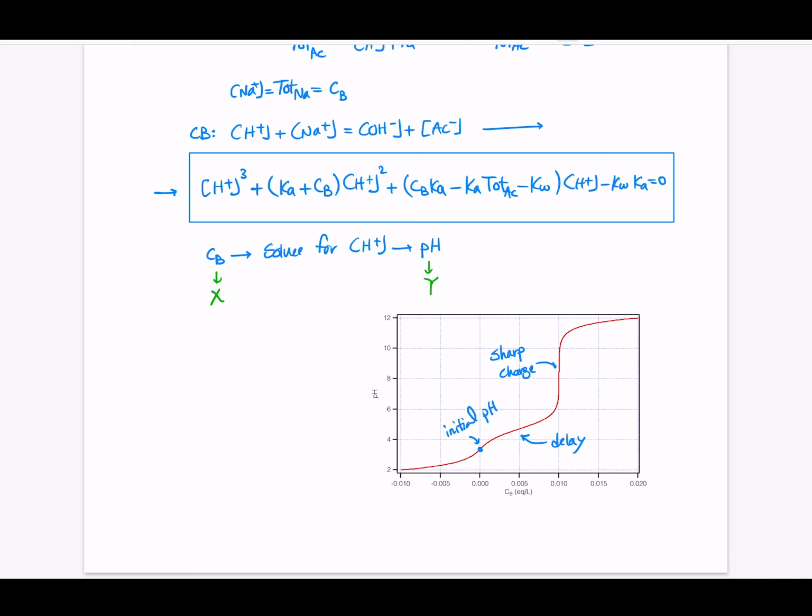So what does the minus sign for Cb mean? We took out some sodium hydroxide from the system. What could this be? You also do double titration?